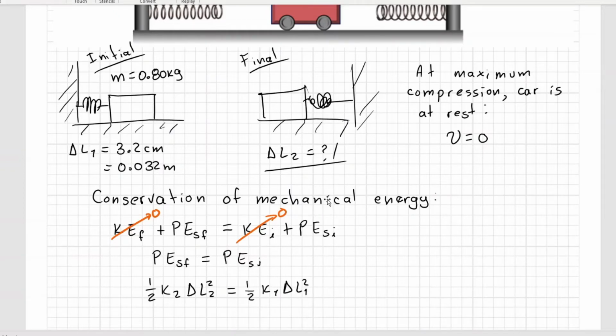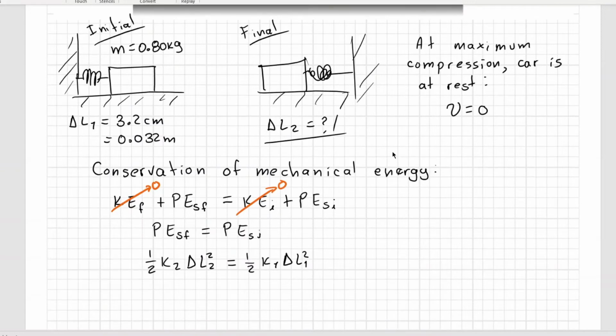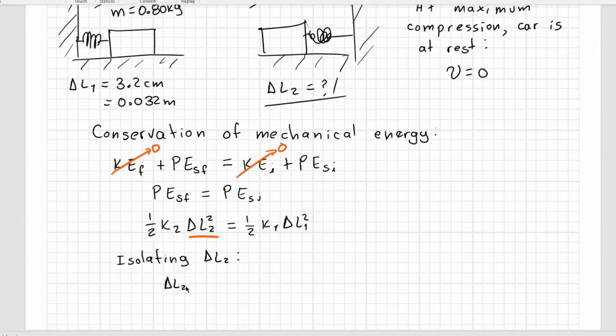And from here, we need to find the compression of the spring on the right, delta L2. The factors of 1/2 will disappear because they appear on each side of the equation.